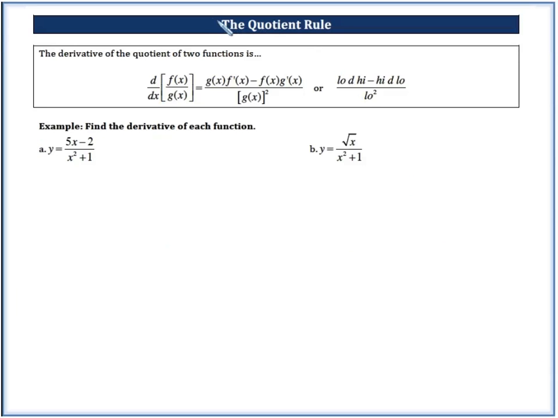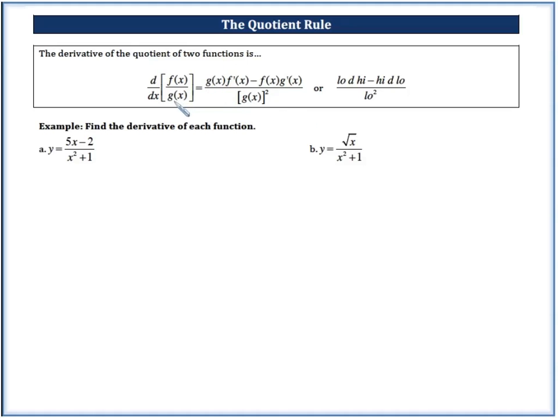Now we're going to move on to the quotient rule. And just like with multiplication, division is a little more complex. Division with derivatives is also a little bit more complex. But we can find the derivative of the quotient of two functions. So if we have a function f of x divided by another function g of x, the derivative with respect to x is given right here.